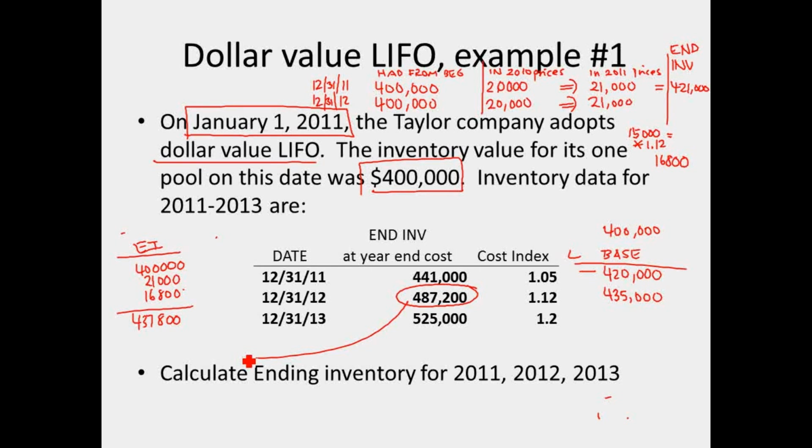Okay? So now I'm going to be quiet. I know, hard to believe. I'm not usually quiet under any circumstances. I would like you to take a shot at 12/31/13. Calculate what you think the ending inventory should be as of 12/31/13.